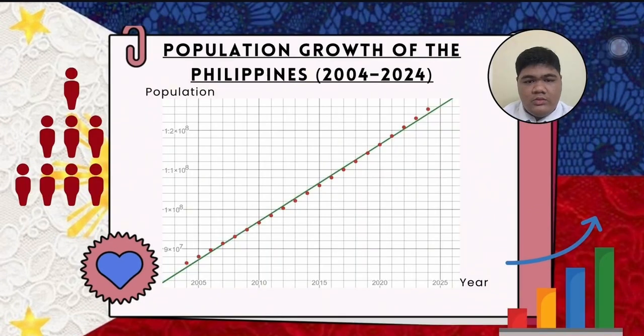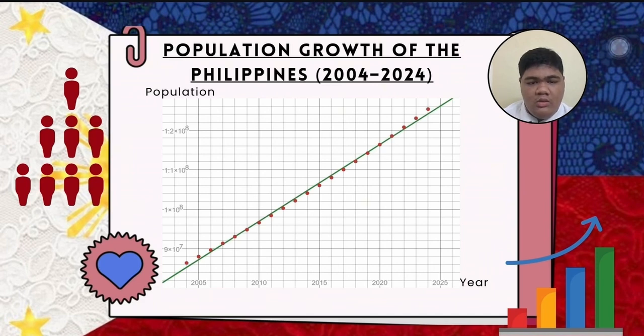Moving on to the graph segment, we have plotted the population growth of the Philippines from 2004 to 2024. As you can see, the data follows a clear linear trend. By applying a line of best fit, we can determine the rate of change or the gradient, which tells us how many people are added to the population annually.